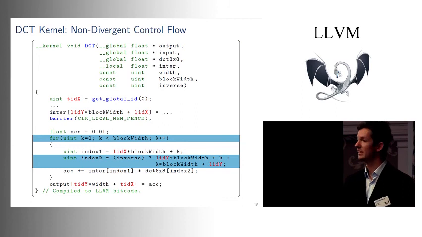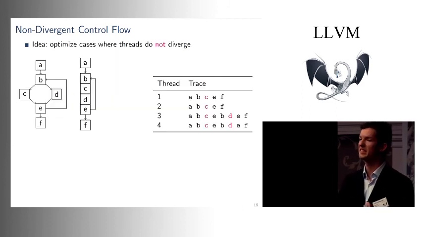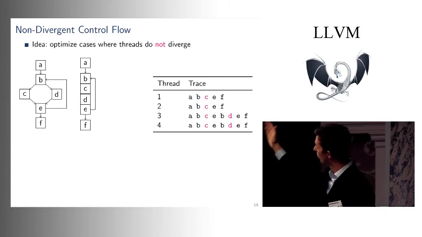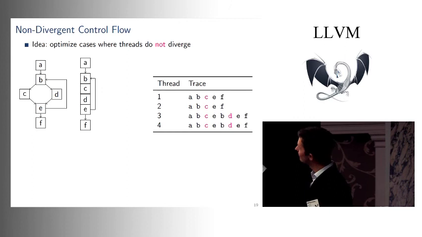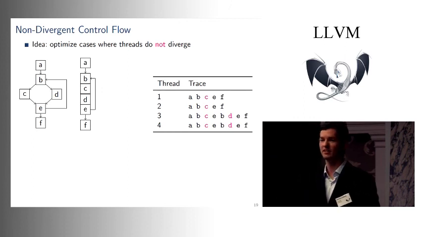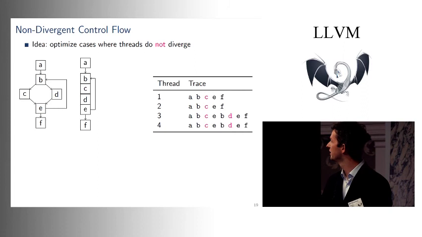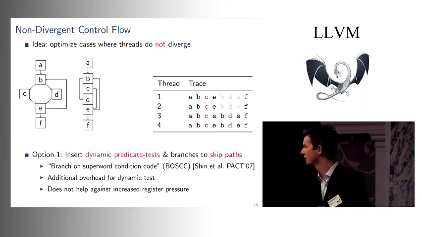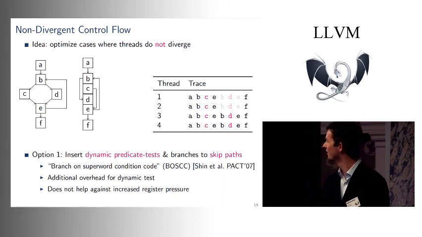So the idea is to optimize cases where the threads do not diverge, as you can see on the right here. We have different traces now, and it's always either C or E. The loop is still not uniform, so it's a bit different from the DCT, but at least for the if statement, it looks like we can do something there. The first thing that comes to mind is that you can insert dynamic predicate tests and branches. That's a technique known to me as BOSC, branch on superword condition code, by Shin.